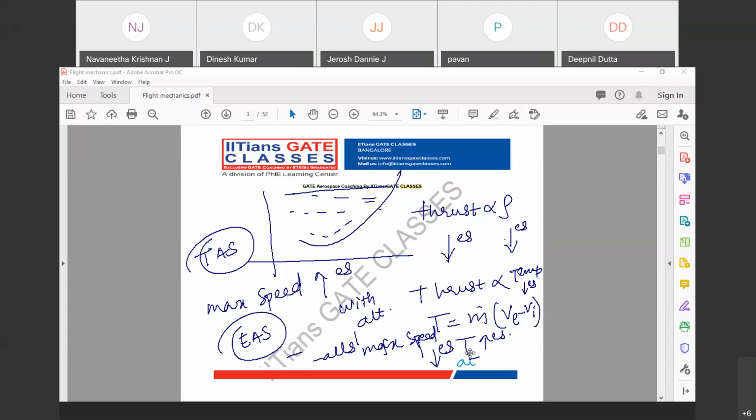Up to the tropopause, my maximum speed increases. Beyond the tropopause, my maximum speed decreases. But if we express maximum speed in terms of equivalent airspeed, my maximum speed decreases at any altitude, even in the troposphere and even in the stratosphere. Okay.